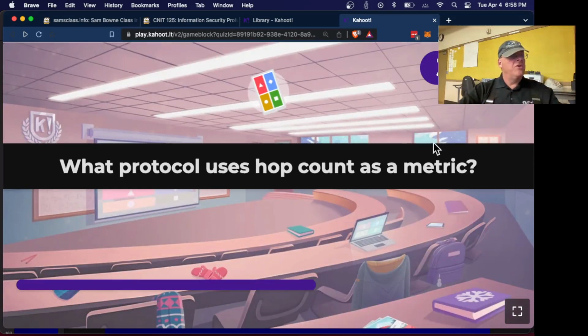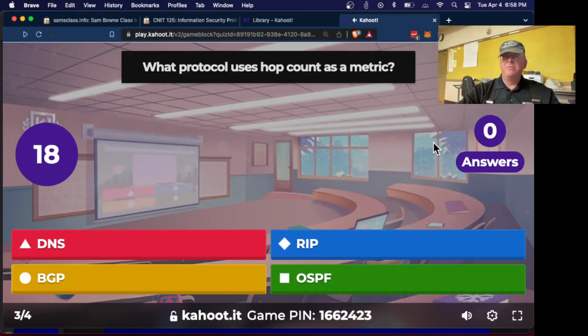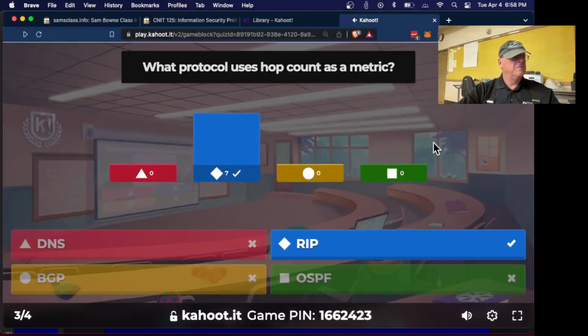All right, what protocol uses hop count as a metric? All right, that's RIP, Routing Information Protocol.